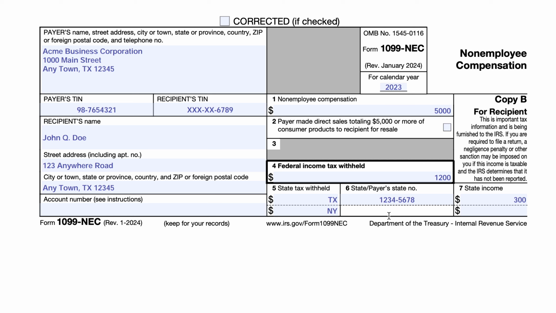So if you want to read this in more depth, check out our article, which you can find on teachmepersonalfinance.com. Simply go to the website, type in IRS Form 1099-NEC in the search bar, and you'll see our article.